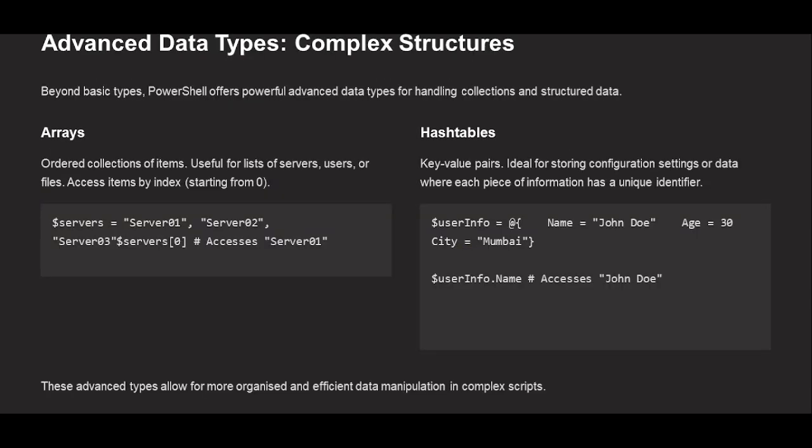There are also some advanced data types which have some complex structure, and we use a lot of these data types in our PowerShell scripting. The first one is array. It is an ordered collection of items, useful for lists of servers, users or files. Access items by index, starting from 0.